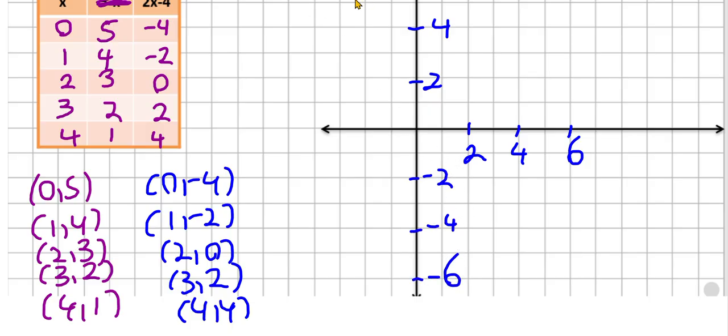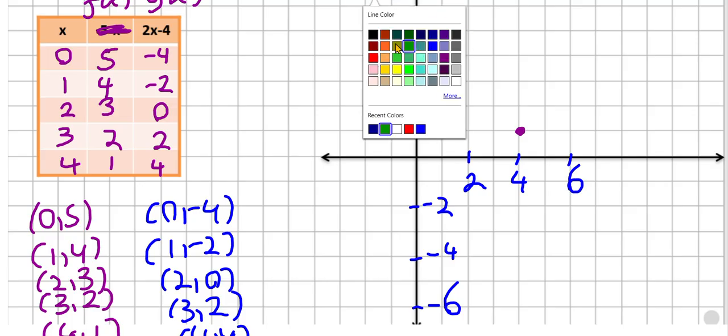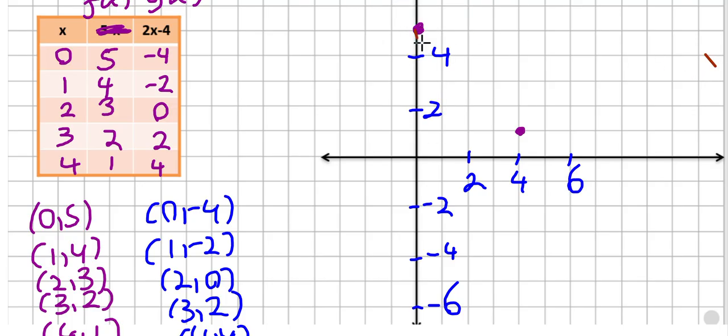I'm going to draw the purple one first. What's the first point for the purples? 0, 5. Do you want to know a shortcut when it comes to drawing lines? Draw the first point and the last point, and if they're both correct, it will all fall into place. What's the last point? 4, 1? Is that right? Yeah. And look, if I just draw that line going to the two of them, there you go.